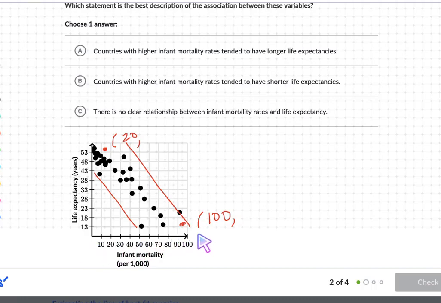As infant mortality is increasing, then my life expectancy, my y-axis, is about 50, and this is about 13. My life expectancy is decreasing.